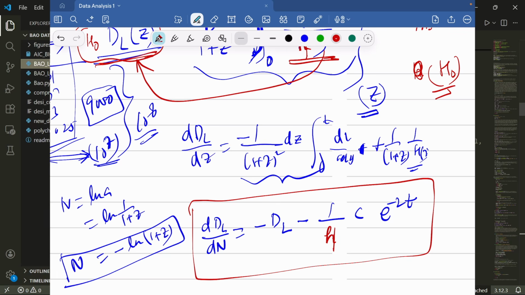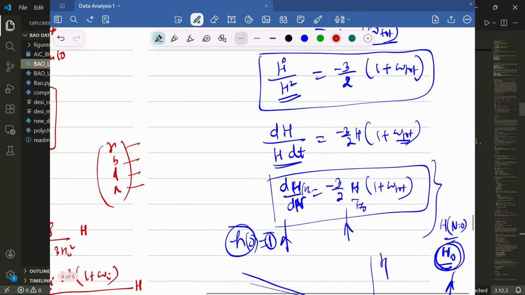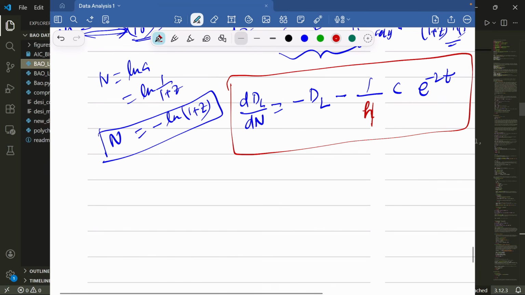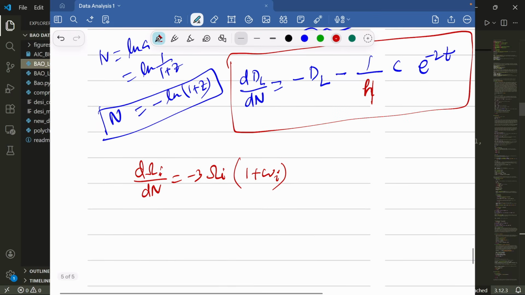But when we do it numerically, we don't know, unless this differential equation tells us, whether you are evaluating this h or that h. So how will our equation look? What are the equations that we have? We have d omega I over dn minus 3 into omega I times 1 plus omega I, for all these species.